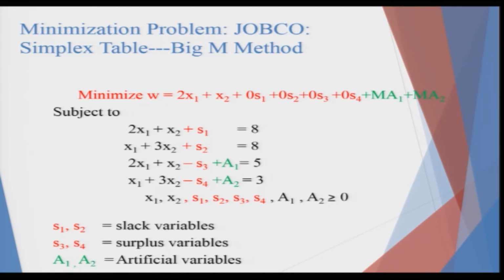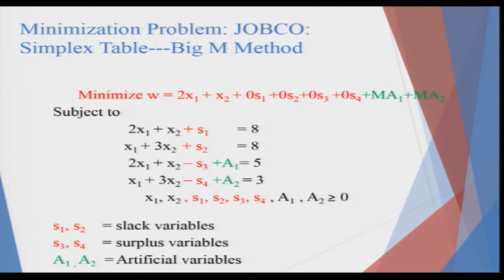So, the first equation would be 2x1 plus x2 plus S1 plus 0 into S2 plus 0 into S3 plus 0 into S4 plus 0 into A1 plus 0 into A2 is equal to 8. Let me repeat it: 2x1 plus x2 plus 1 into S1, because that is already there, plus 0 into S2 plus 0 into S3 plus 0 into S4, that completes all the slacks and the surpluses.